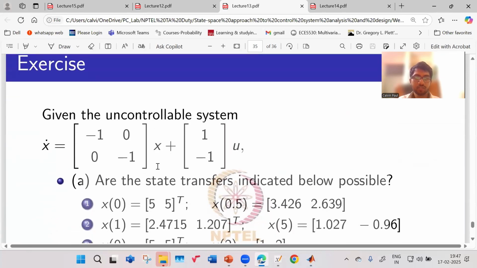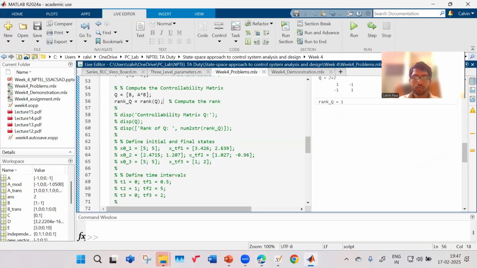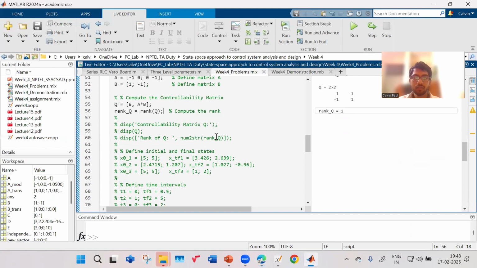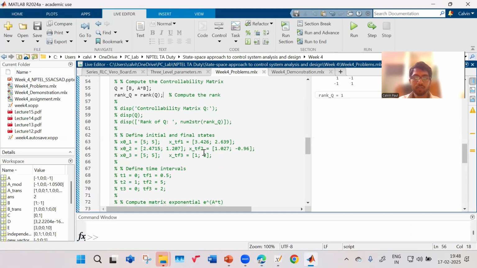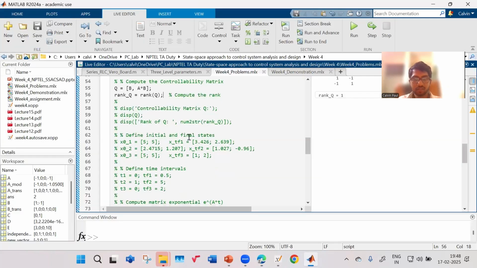So this is a question. This is an uncontrollable system. Can these state transfers happen? So what we do is define the initial and final states. This is the initial state x0 and this is the final state. Let us consider that.